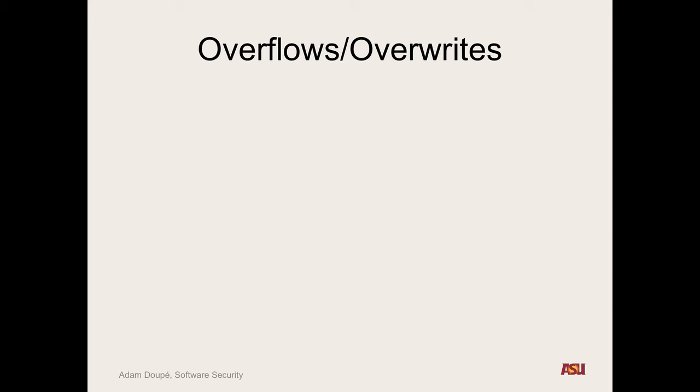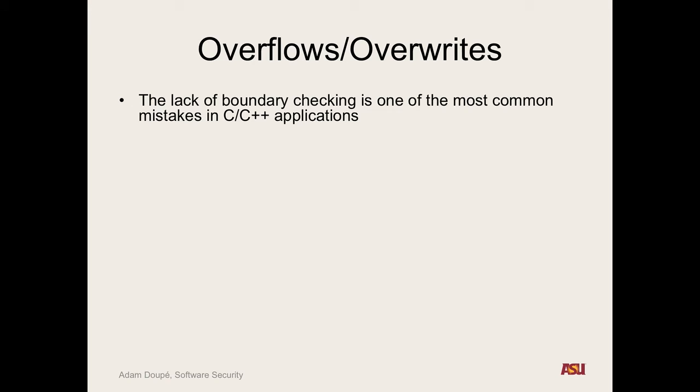If you're iterating over an array of 1024, every time you write or read, you have to check that length. And so C and C++ applications don't have boundary checking. They don't check the bounds of the arrays that get written to.